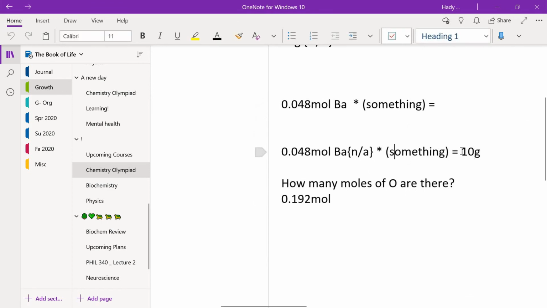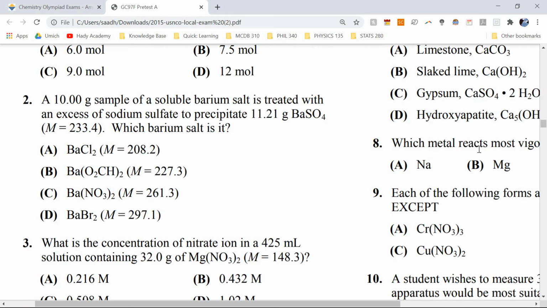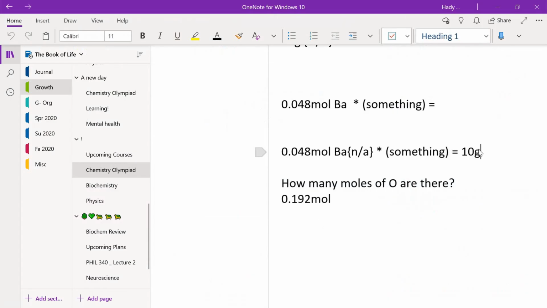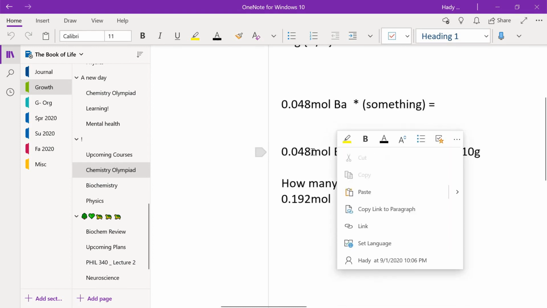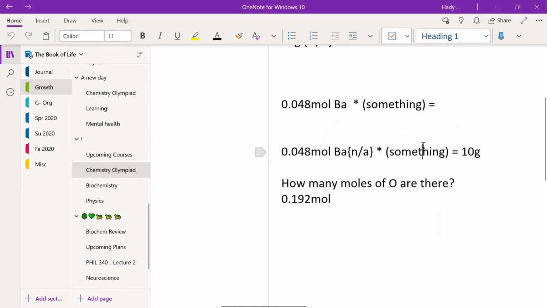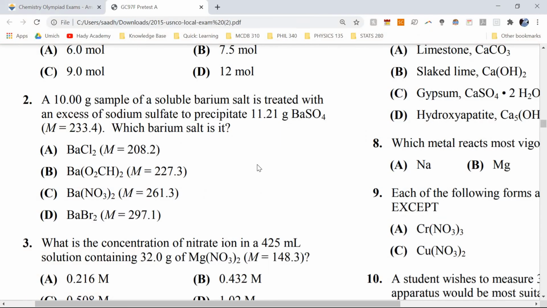This times the molar mass will have to equal 10 grams, and so I'm just going to divide 10 by that to get the answer. You could plug in those 4 answer choices, but you could also just divide 10 by 0.048, and then you just get this number algebraically. I get 208.3333, which is about this.